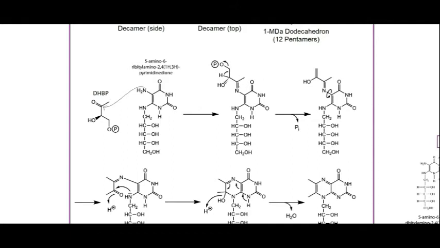We're going to form this Schiff base, and then we're going to deprotonate this carbon right here, and the electrons will collapse down and kick off the phosphate, generating this double bond right here.